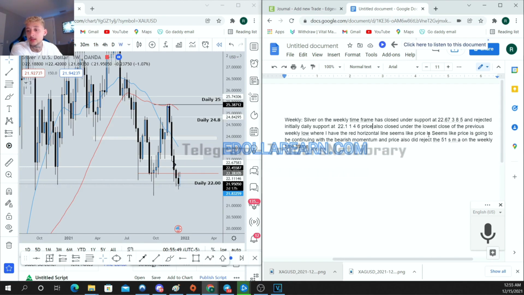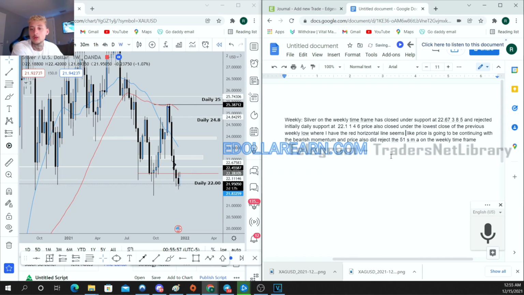Seems like price is going to be continuing with the bearish momentum, and price also did reject the 51 SMA on the weekly time frame. Simple as that. What we're going to do now, let's do daily.